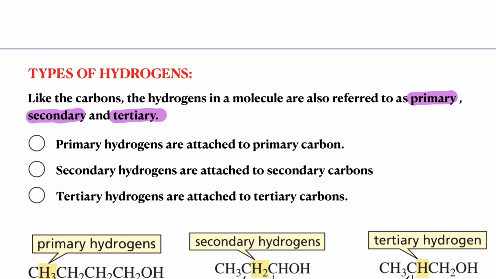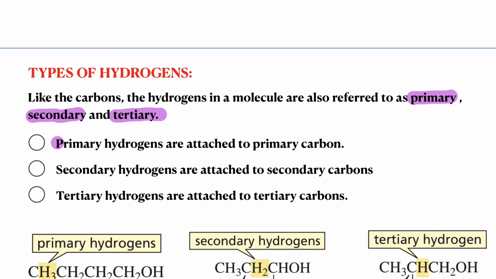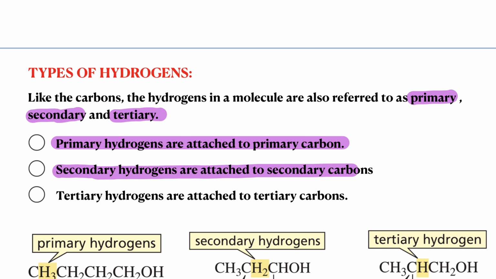Primary hydrogens are the hydrogens which are attached to primary carbons. All hydrogens attached to primary carbons are primary hydrogens. Similarly, hydrogens attached to secondary carbons are 2 degree or secondary hydrogens. Tertiary hydrogens are the hydrogens which are attached to tertiary carbons.